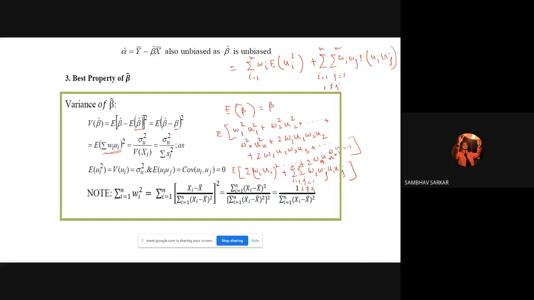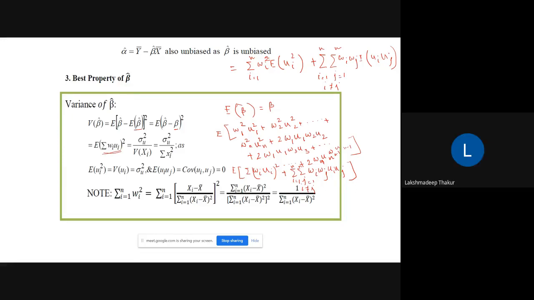Ma'am, shouldn't that first term be wi squared times expectation of ui squared? Yeah, definitely. So this is the thing.